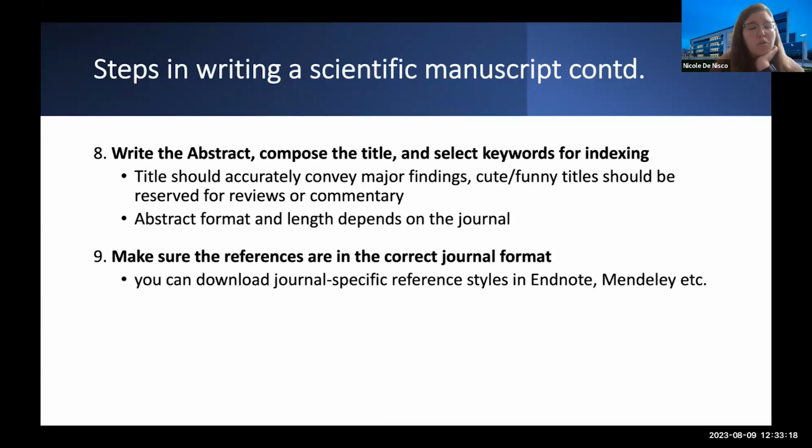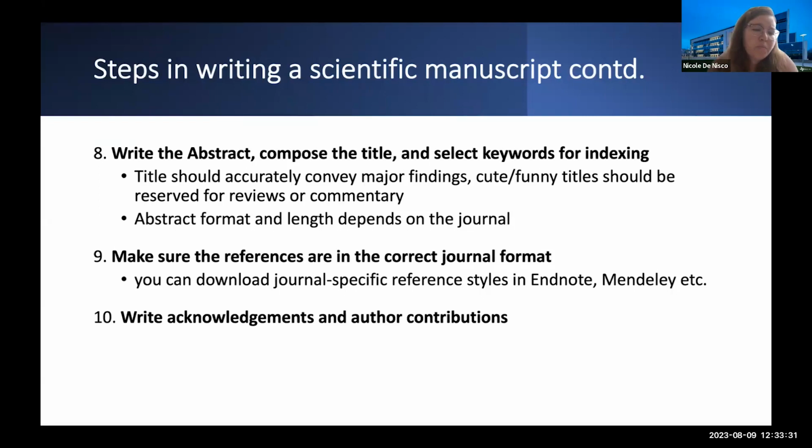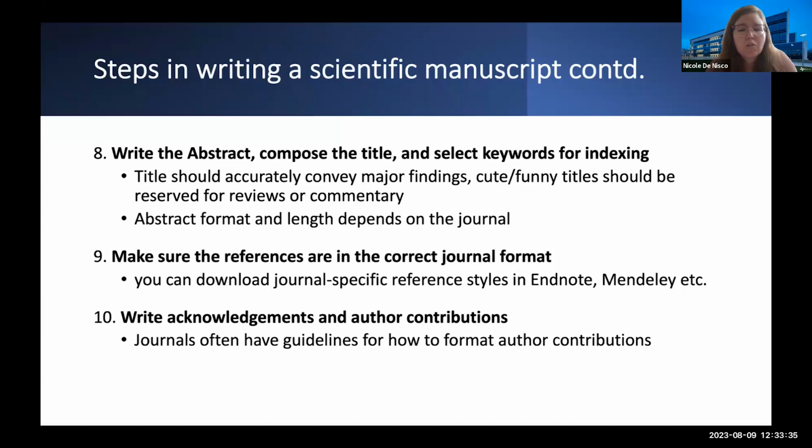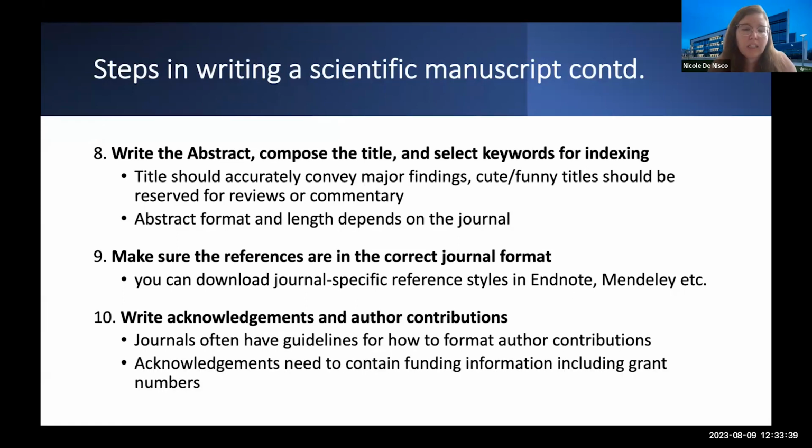So you can download journal-specific reference styles in EndNote, Mendeley, etc., whatever your lab uses for citation. It's usually good to all get on the same software just so that you can easily exchange drafts. And then writing the acknowledgements and author contributions. So journals usually have guidelines on how to format those, so you'll want to follow those guidelines. And then acknowledgements are something your advisors should usually take care of because they contain funding information and grant numbers and stuff that they know.